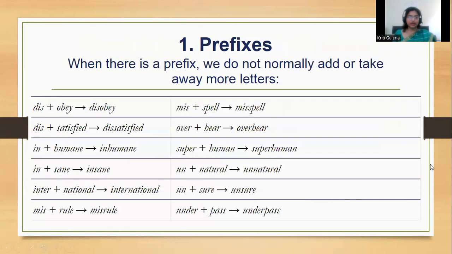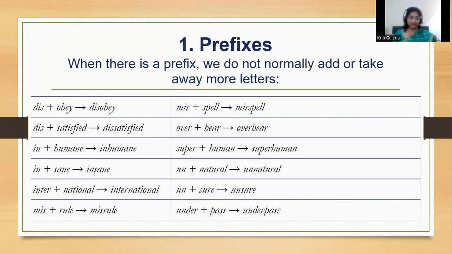Now, when we start with the prefix, as we know, a prefix is something which comes before the word. Like over here, if obey is the word and we are adding dis to it, usually we are writing the complete word without adding or taking away letters when we are adding a prefix.